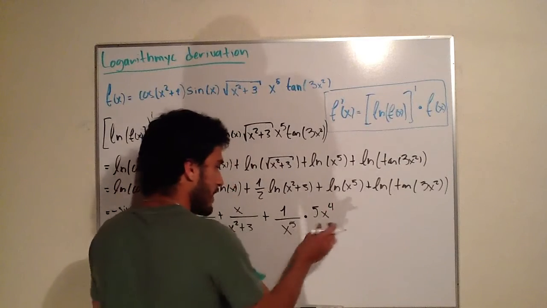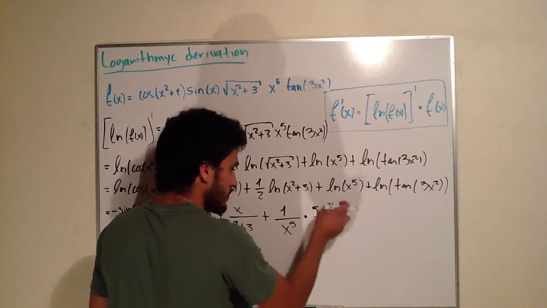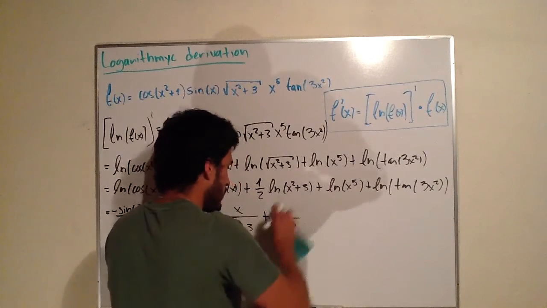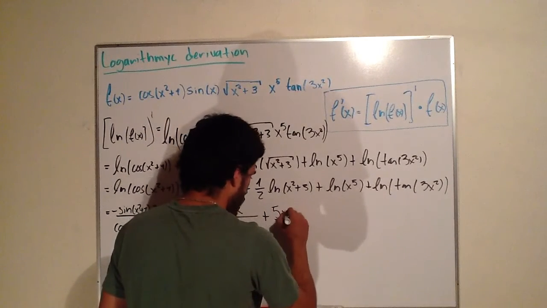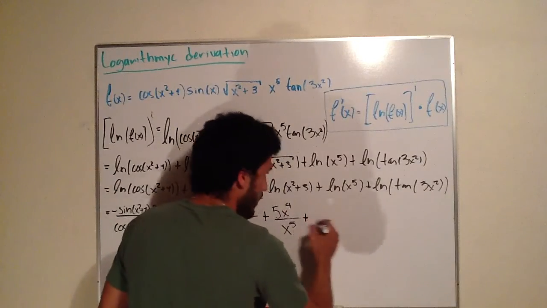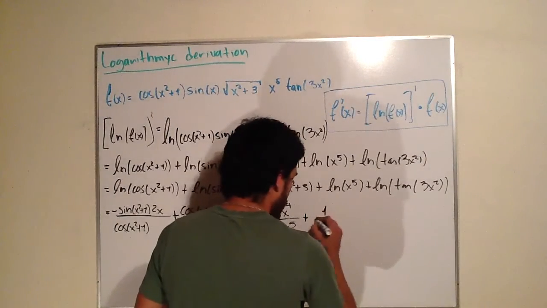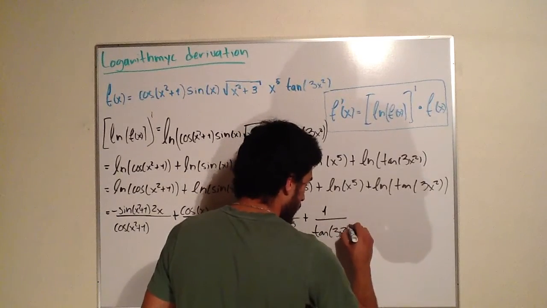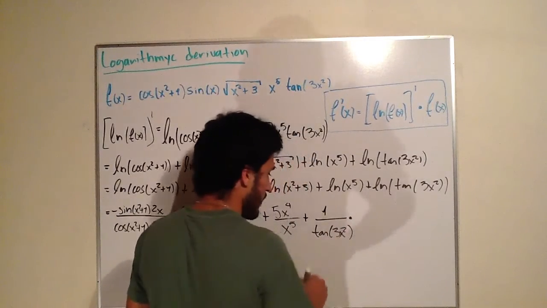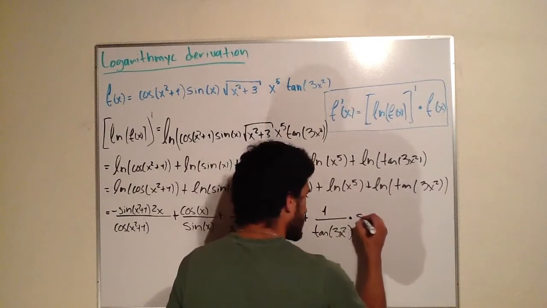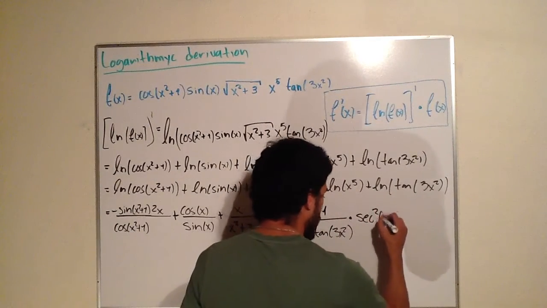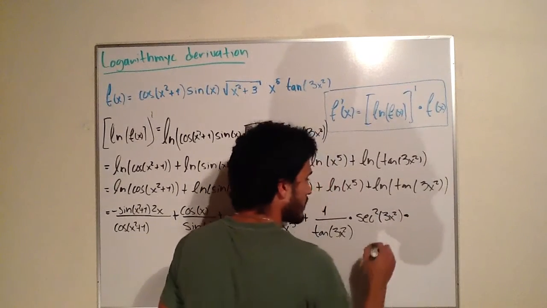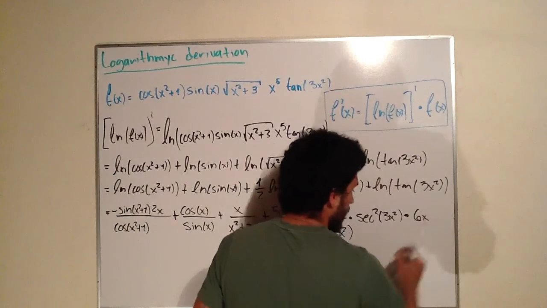and then we multiply 5x to the power of 4 by 1, we will have x to the power of 4, plus 1 divided by 10 of 3x squared multiplied by the derivative of this function, that will be secant squared of 3x squared multiplied by the derivative of this function, that would be 6x.